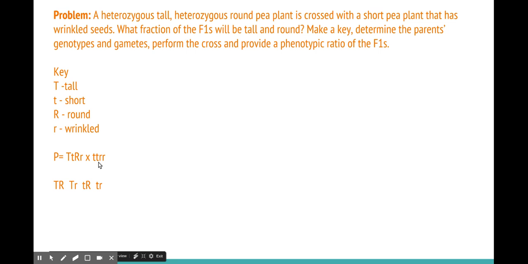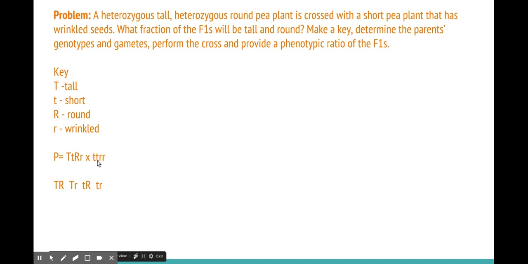Now the other parent is homozygous for both traits, so there's not going to be a lot of variation amongst the gametes it makes. It only has certain recipes. It can't create a big T recipe. It doesn't have it. So the gametes that the second parent is going to make will have the genotype little t, little r. A second gamete would result from the combination of this first little t and that second little r.